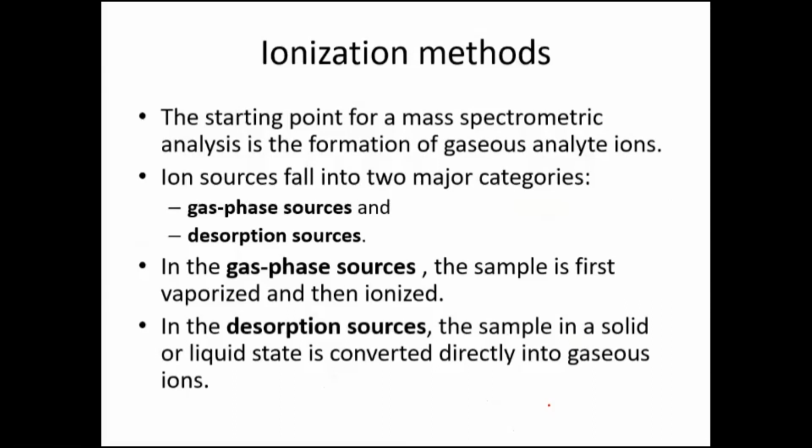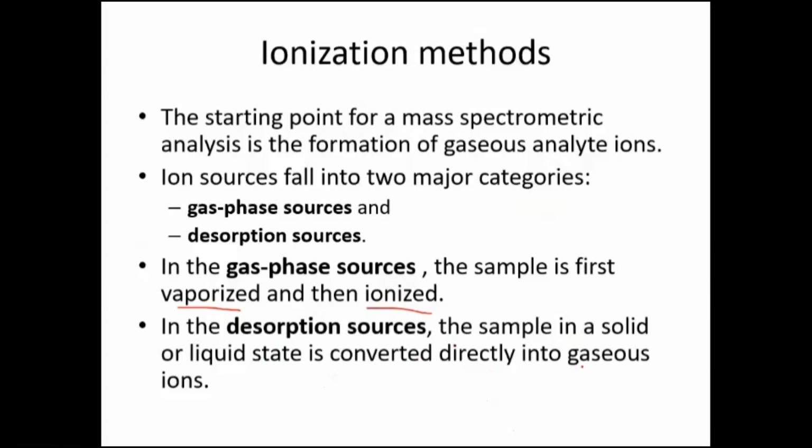So as you are expecting, in the gas phase you require the sample to be present in gas form. In desorption sources you require your sample to be embedded in a solid or a liquid support. In the gaseous source, the sample is first vaporized and then ionized. In the desorption sources, the sample in a solid or liquid state is converted directly to gaseous ions.